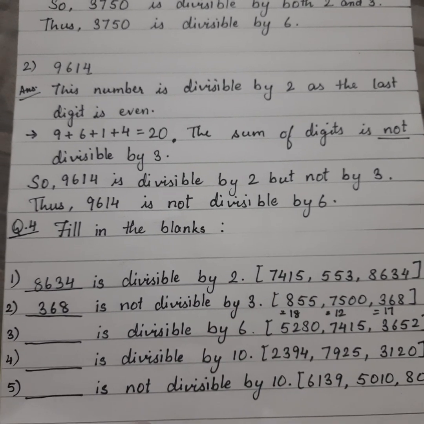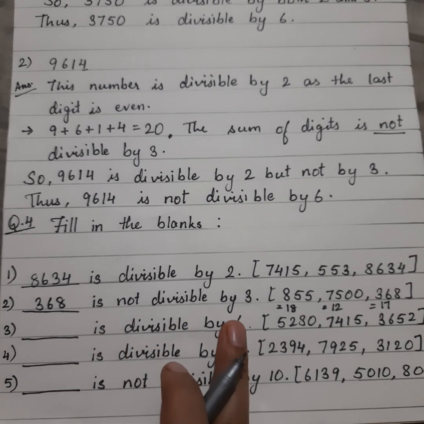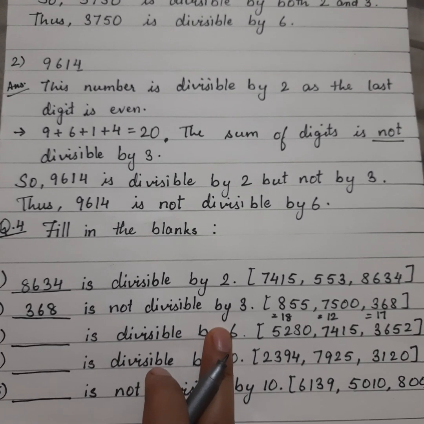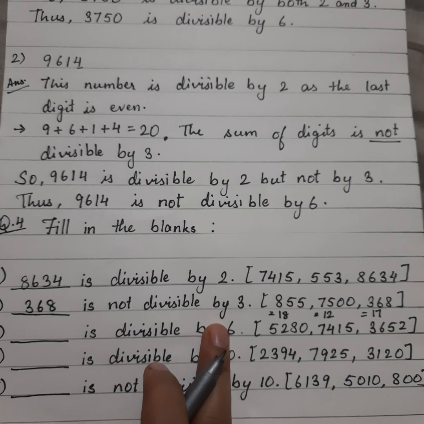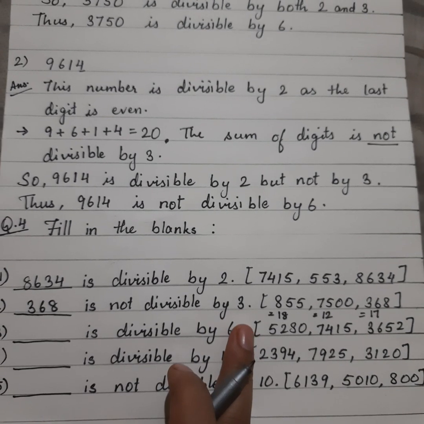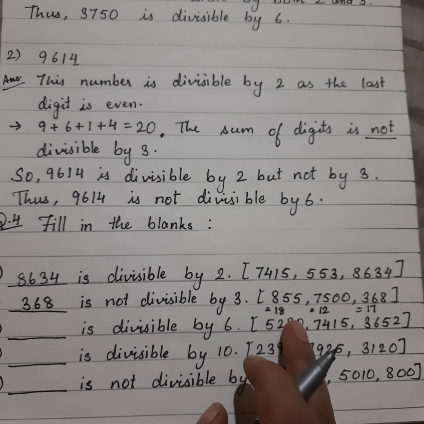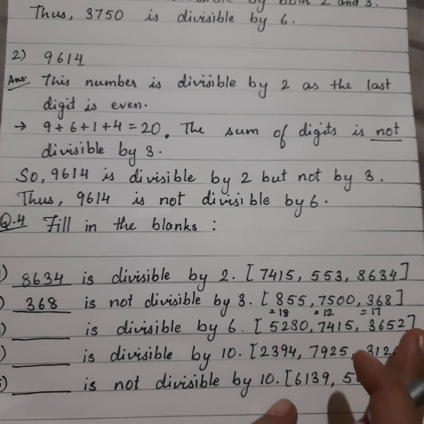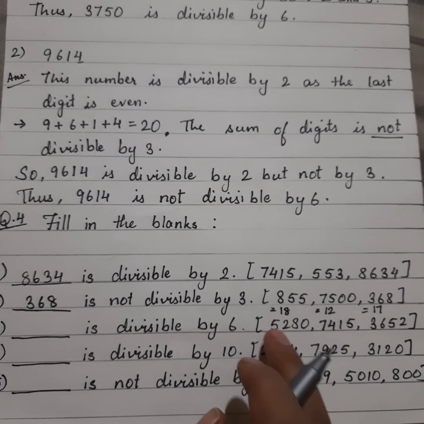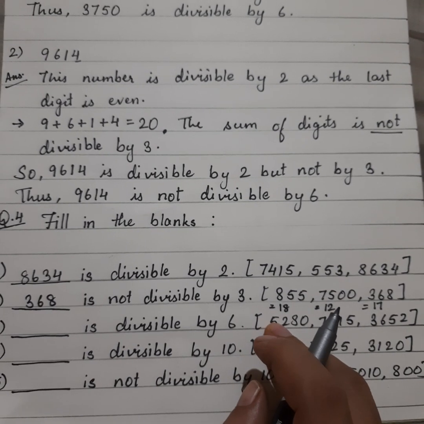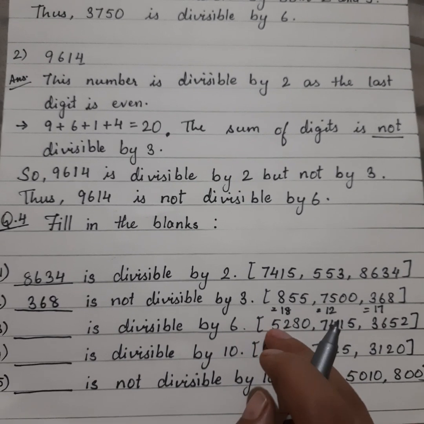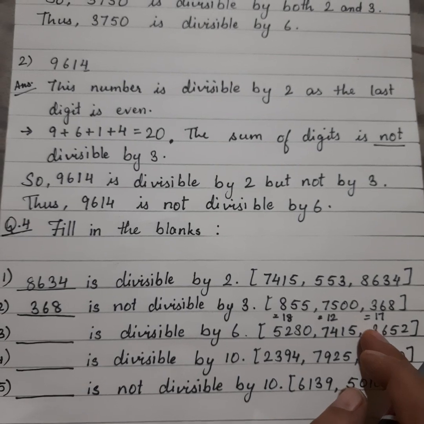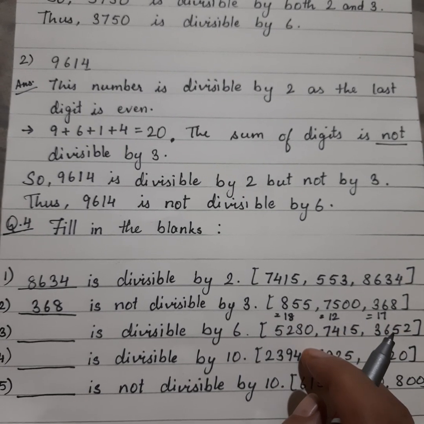Then next is dash is divisible by 6. This is a longer process. We have to see first whether the number is even, means the last digit is even. So we can see only these two numbers, first and last, are even numbers. Then we have to add the numbers and see whether the number is divisible by 3 or not.